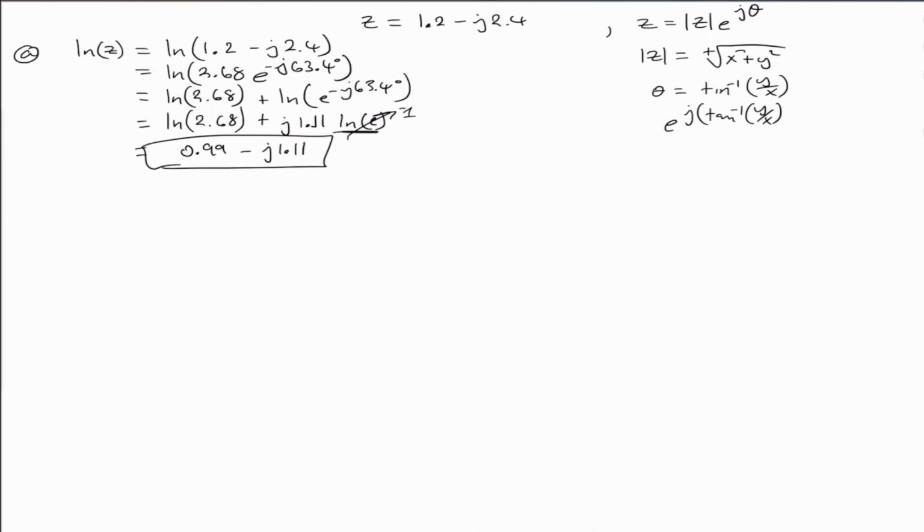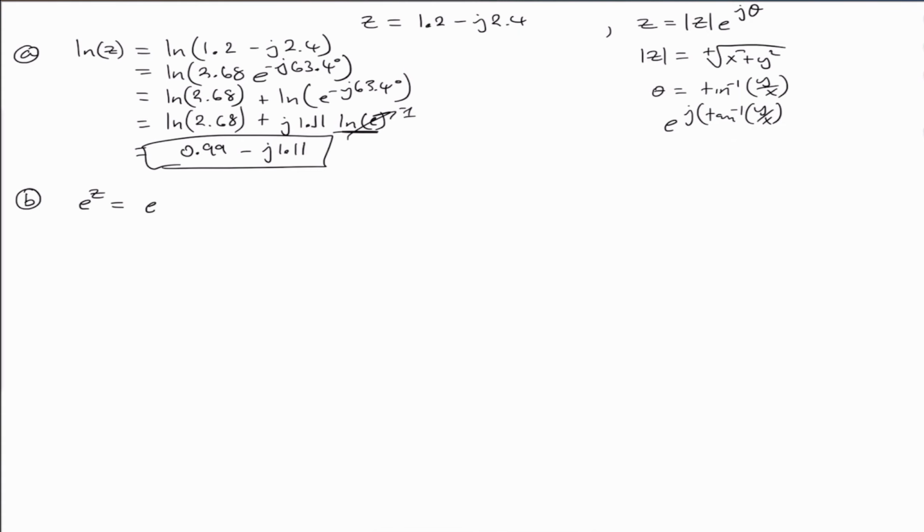We then go ahead to b, e to the z, so e to the complex number z. We can use our exponent properties. Let's write that out first.